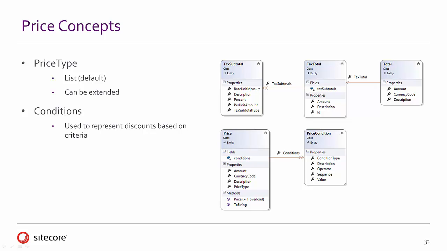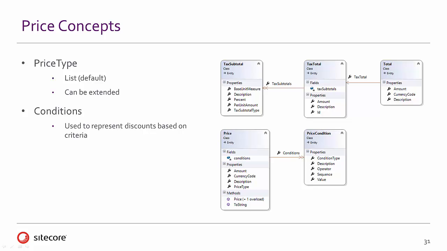So first we'll look at price, and it's important to note with the model in the price, there's a couple of things which may or may not apply to your e-commerce system, but are in the model anyways. One of these is price type, and this typically can be extended to include things like membership, regionalized pricing, things like that.